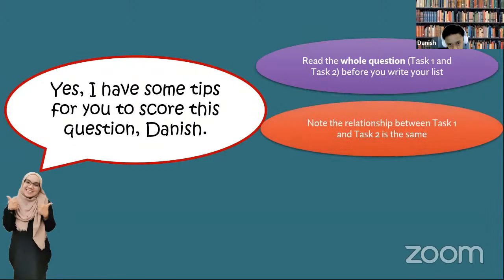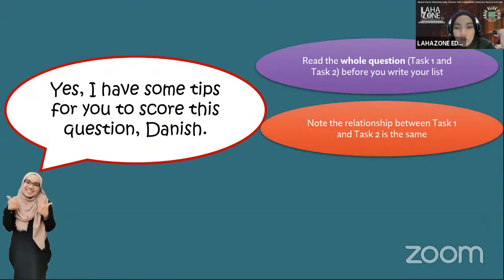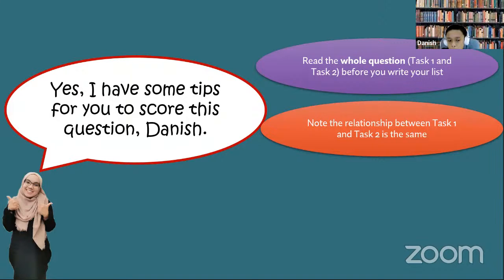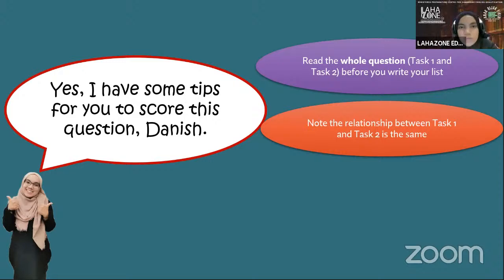Okay, number 2, what you have to do is you have to take note that the relationship between task 1 and task 2 is the same. Maksudnya kat sini, bila Danish dah siapkan tugasan yang pertama, dalam section B, Danish kena ingat tugasan yang pertama dan tugasan yang kedua ni ada hubung kait. Means jawapan yang Danish dah buat dalam tugasan yang pertama, you can use in the task 2.